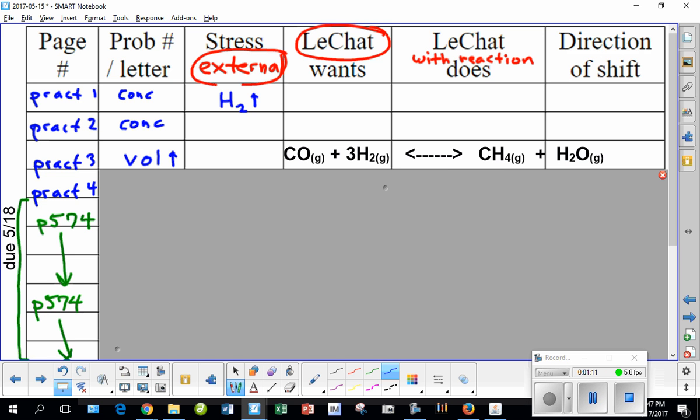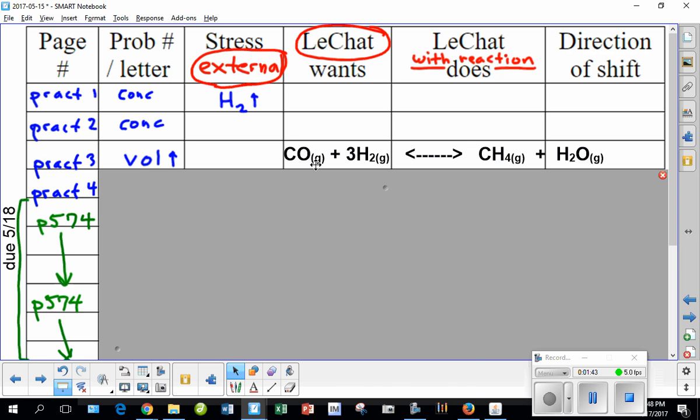If you haven't already done so, please be sure you write down external in the stress column, because LeChat has nothing to do with the stress other than his reaction. And what LeChat wants, that's what he accomplishes with the reaction. What is he actually accomplishing?